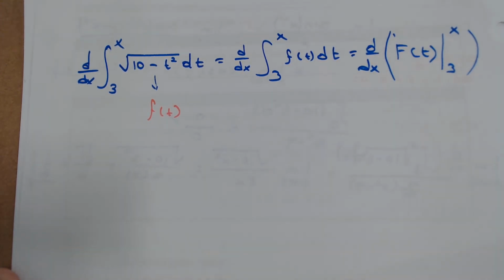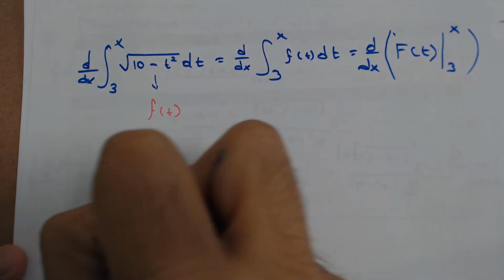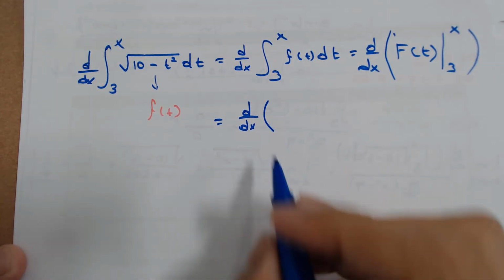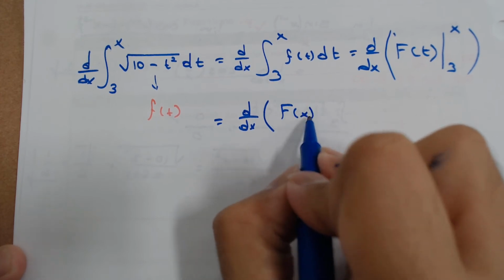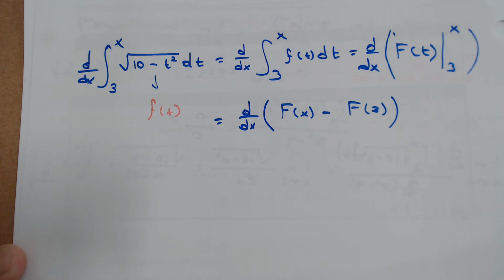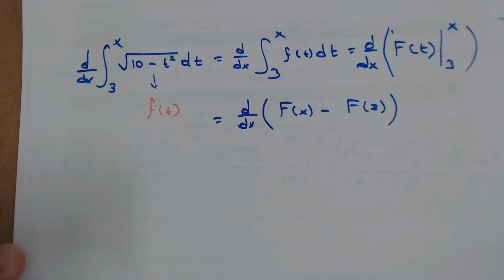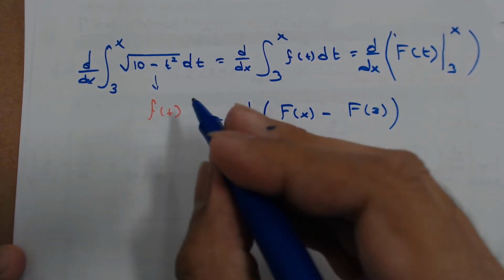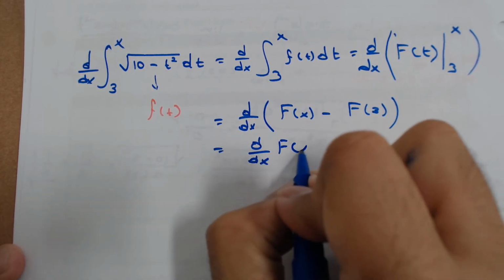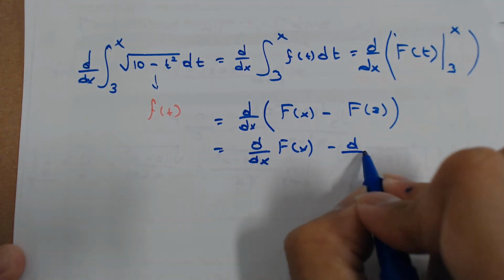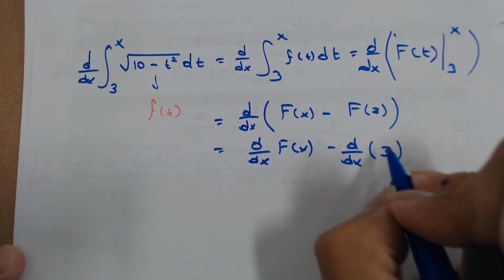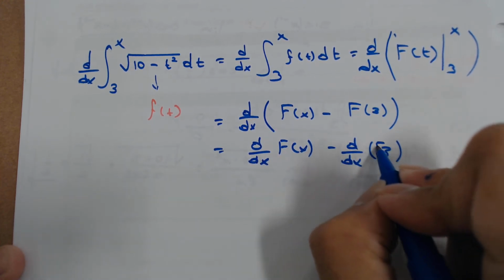Using the fundamental theorem of calculus, we get the derivative with respect to x of big F of x minus big F of 3. Let's distribute the operator d/dx: d/dx of F of x minus d/dx of F of 3.